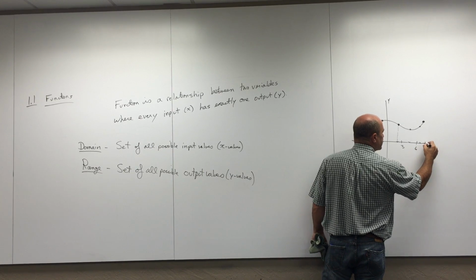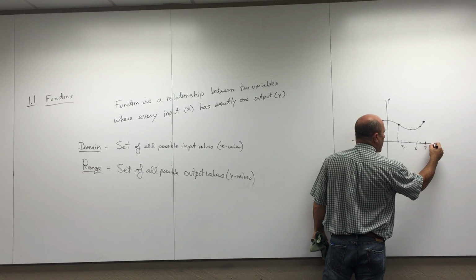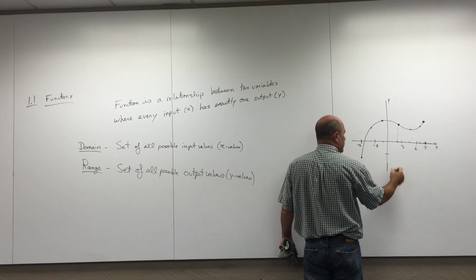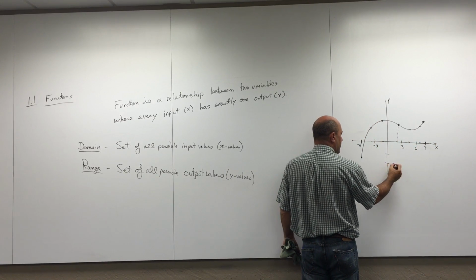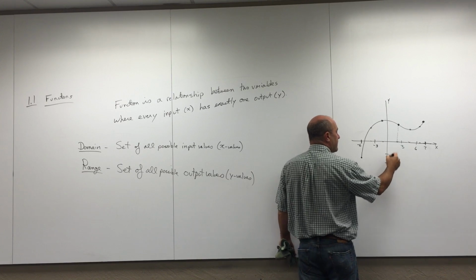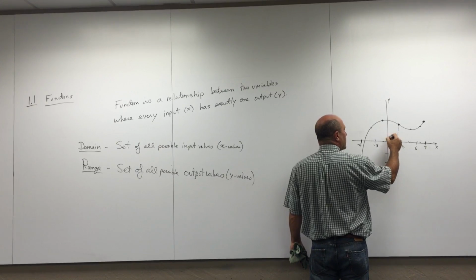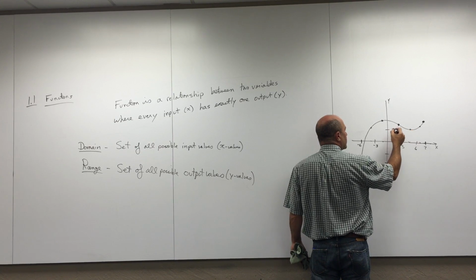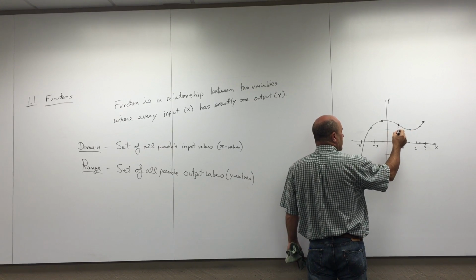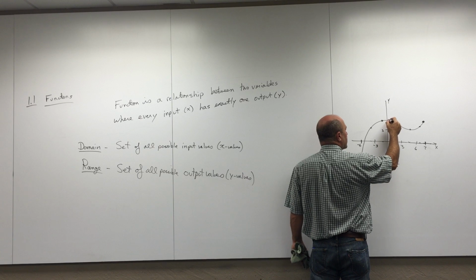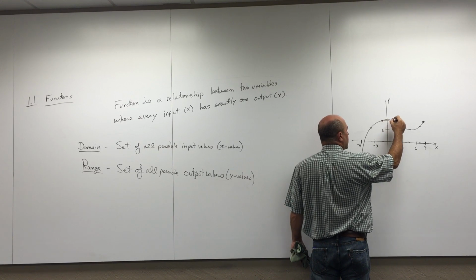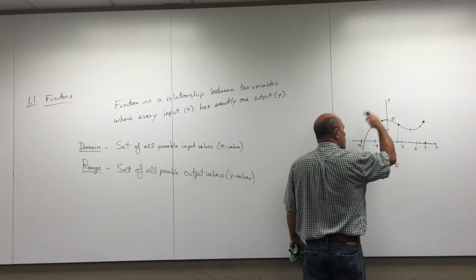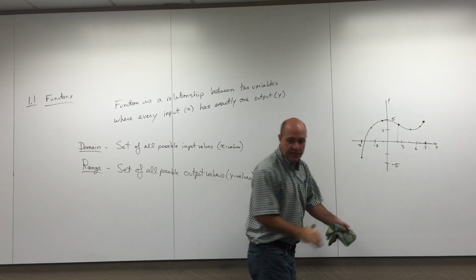I'm going to call this 7. I'm going to call this -5. And on the y-axis, so with those labelings, and notice something about a function.